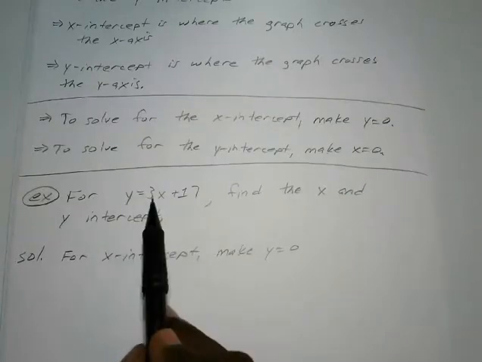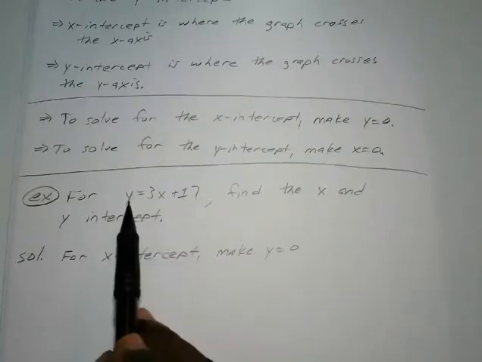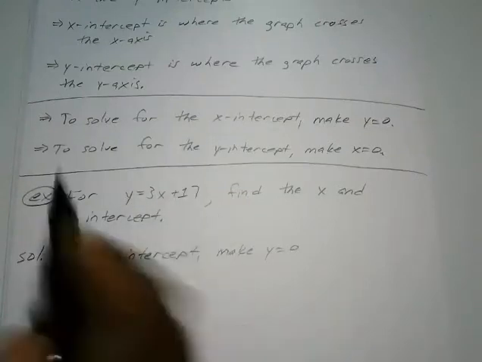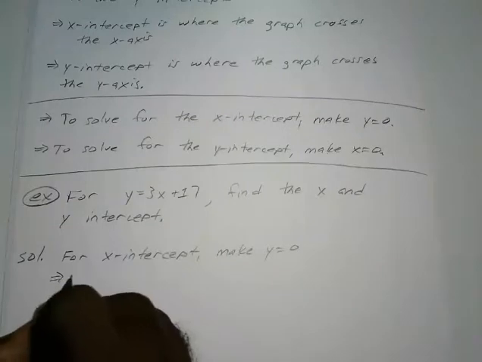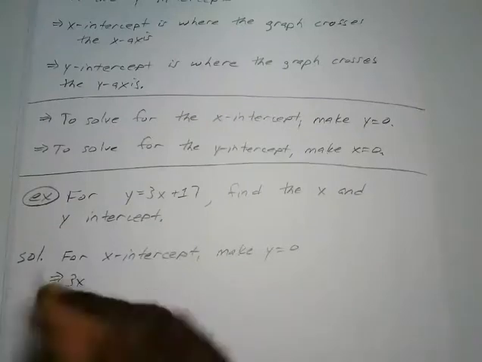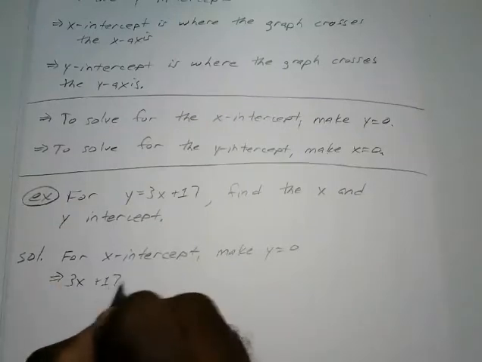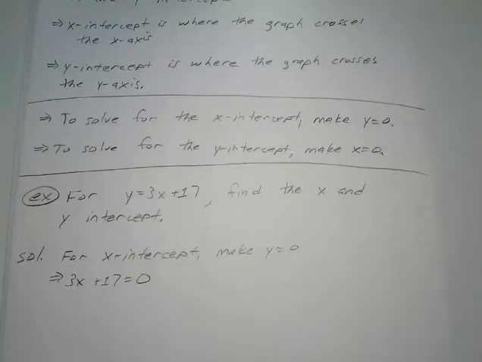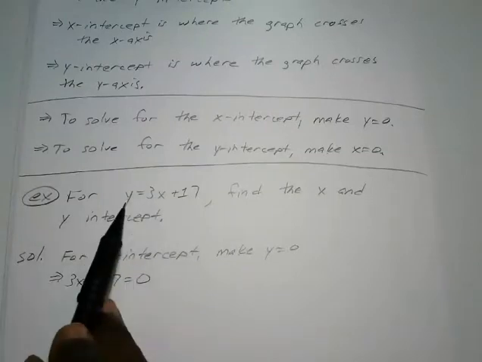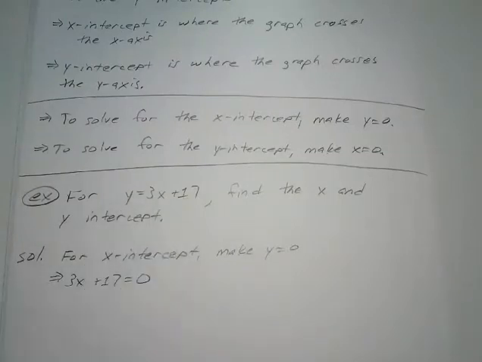So remember, we have y equals 3x plus 17. So if we make y equals 0, we have 0 equals 3x plus 17, or 3x plus 17 equals 0. All I did was flip it around. If you want to write it as 0 equals 3x plus 17, you could. I just flipped it around.